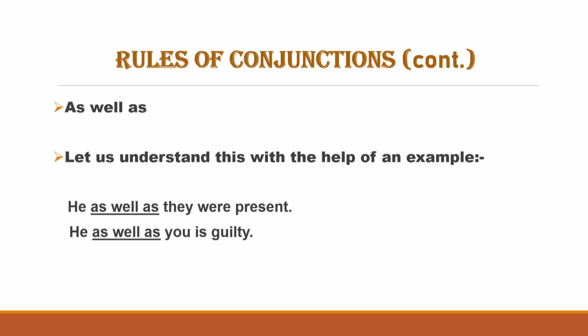Now next rule, as well as. Now as well as cannot be used for more than two. Again, it is used to accept both of the things. Now here's an important rule, keep this in mind. When two subjects are joined by as well as, the verb agrees with the first one. Fine.